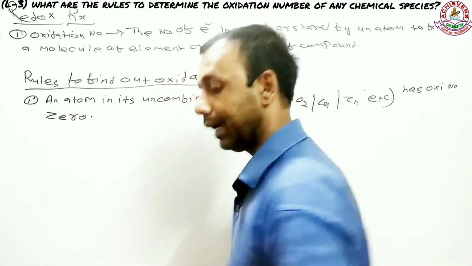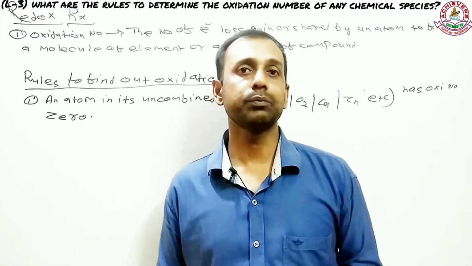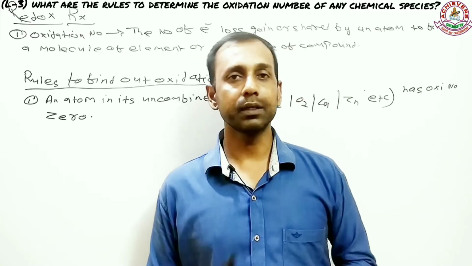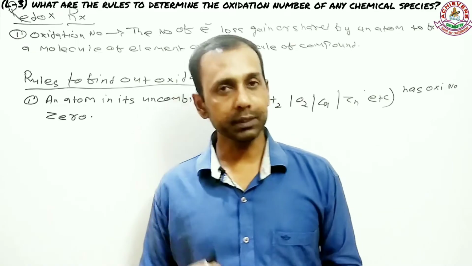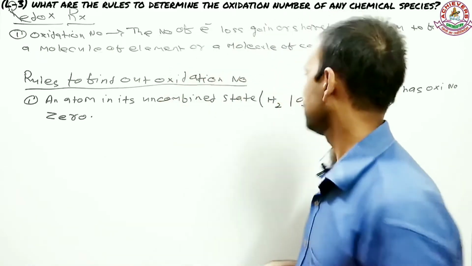What does that mean? As long as an atom is not with any other atom and does not carry any positive or negative charge, it always has an oxidation number of 0. When I take examples, this will be much easier, but let me write the rules so that you have an idea of where you need to work.